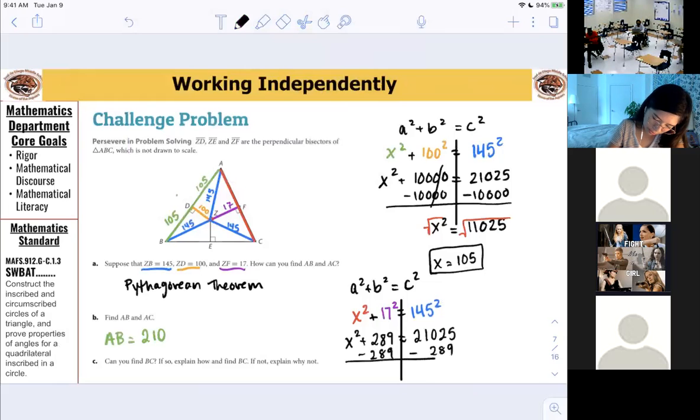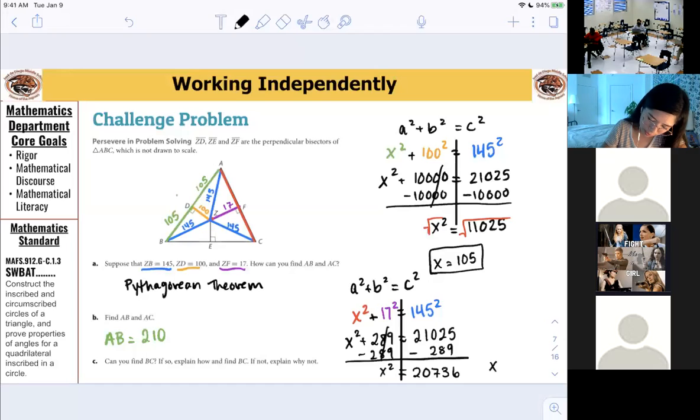What's 21,025 minus 289? 20,736. And then you take the square root. What do you get? 144.